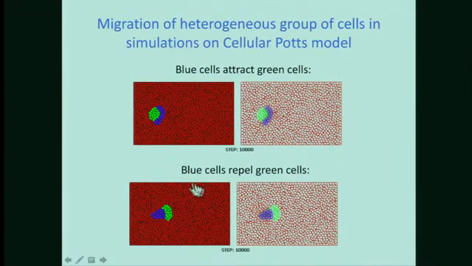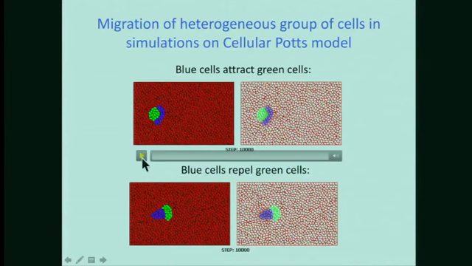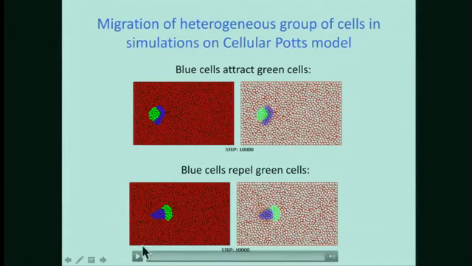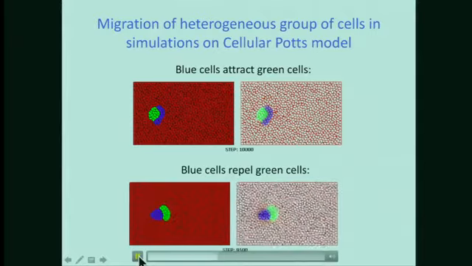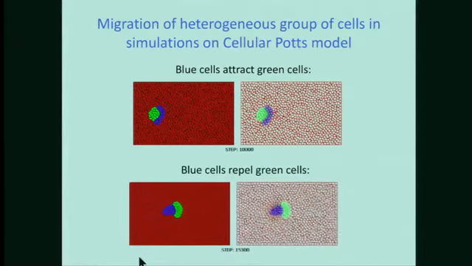So here also are illustrations using the cellular Potts model. In the first movie, blue cells attract green cells. Here blue cells repel green cells.